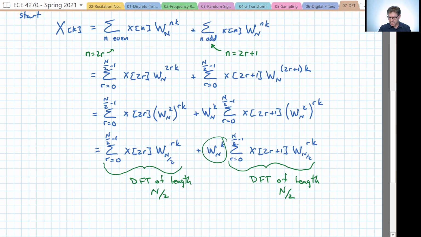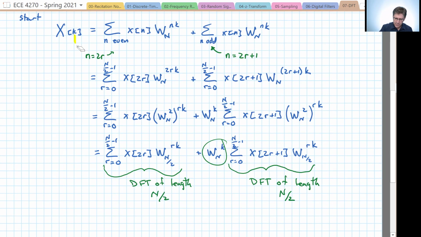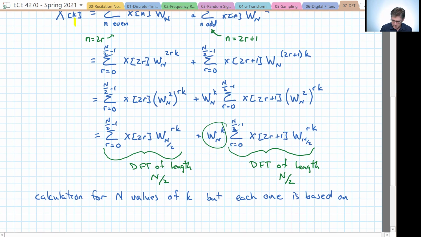And so we have suddenly gone from calculating for n values of k, but each one is based on 2 half-length DFTs.